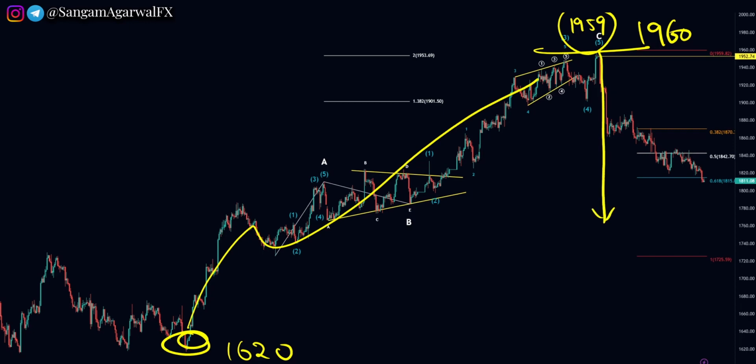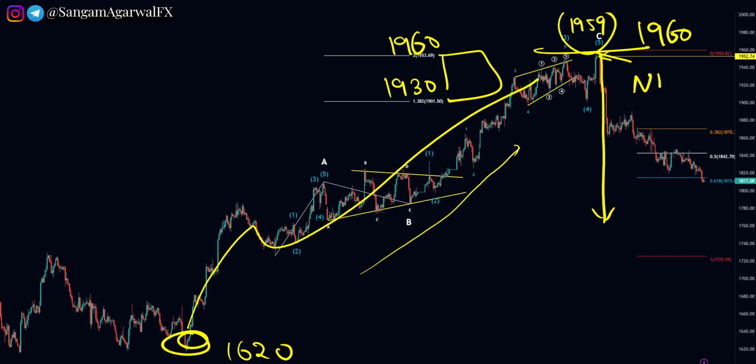That is why before the FOMC meeting I was saying in the video that 1930 to 1960 is my sale zone and price action will be vertical, because that was purely based on Elliott wave theory. But fundamental confirmation came later when NFP was public, ISM number, CPI and core PCE, all of those numbers came later.